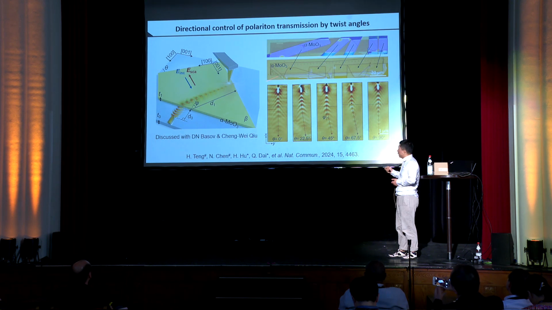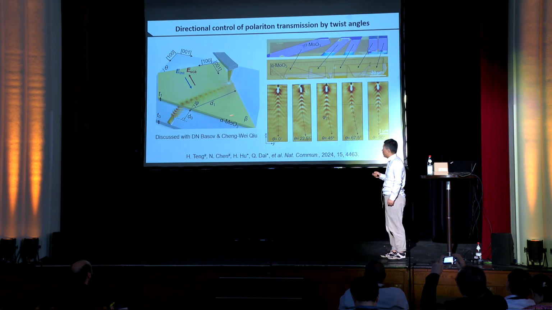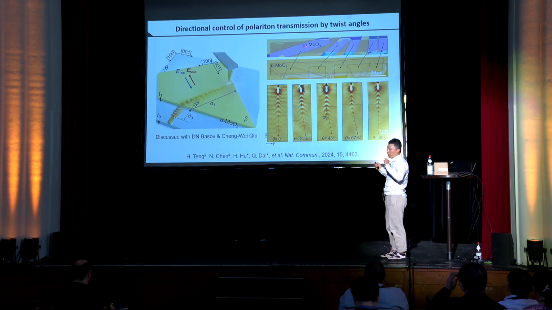And in this experiment, you see that we first pick up one slab of MoO3, and we cut this material into different shapes and different angles, okay? And we put this slab onto another MoO3 slab to create this kind of device.